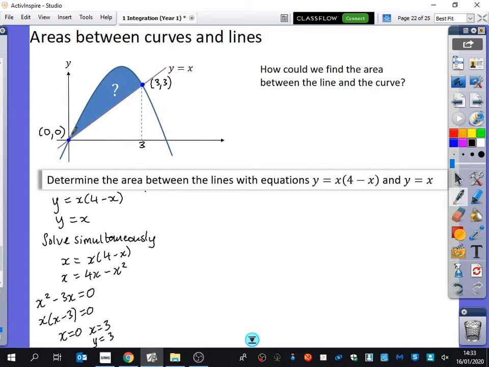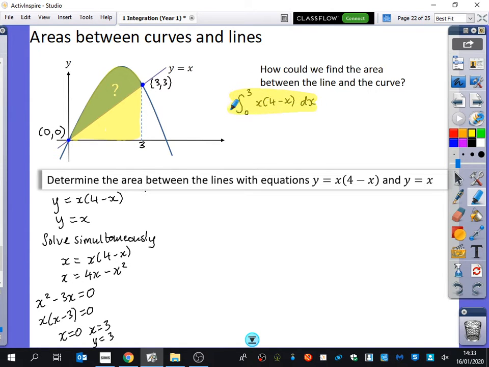Now, when you integrate underneath this curve here, if I integrate it between 0 and 3, this is the area that it would find. So that yellow area is the integral between 0 and 3 of x(4 minus x) dx.